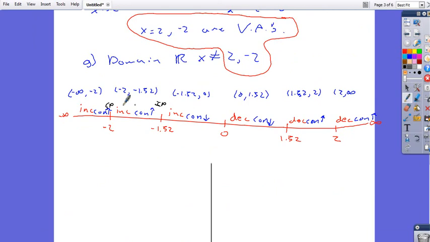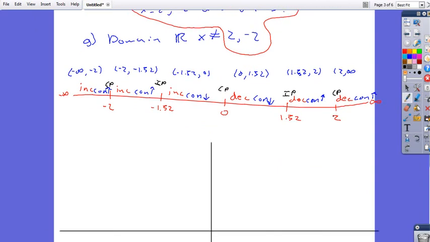This is not an inflection point. This is a critical point as well. Alright, inflection point. And this is a critical point. Now this is not a max or an extrema because it's a domain restriction. This is not even part of the domain. I hope you all understand that.